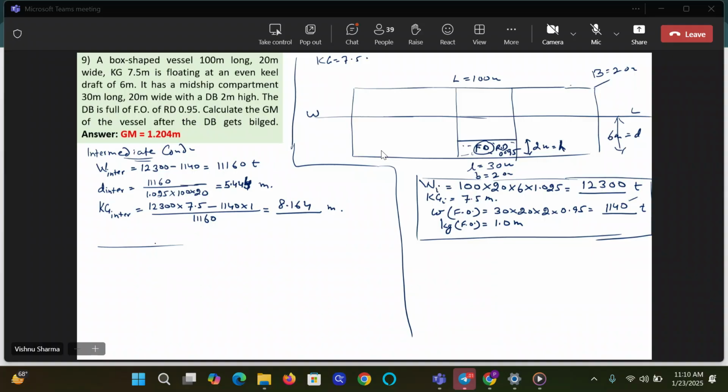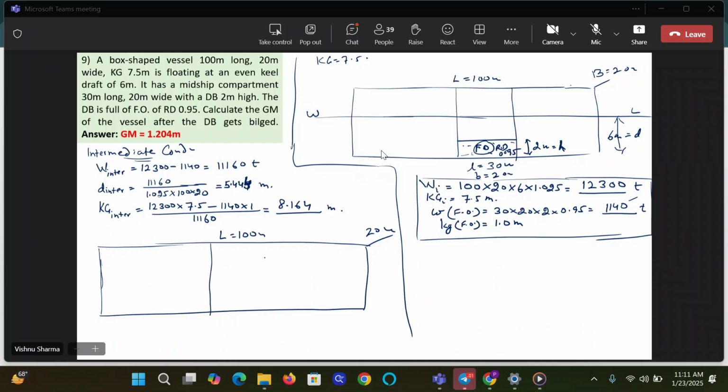Now, I will draw the diagram for the intermediate condition here. What is the length of the vessel? 100 meters. What is the breadth of the vessel? 20 meters. There is a dB here of length 30 meters, breadth 20 meters, height 2 meters, which is now empty.